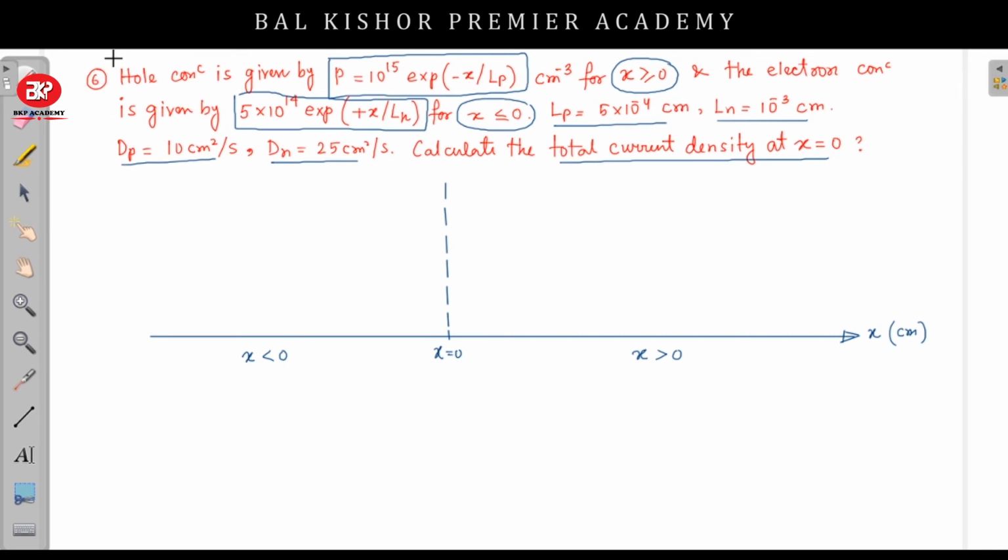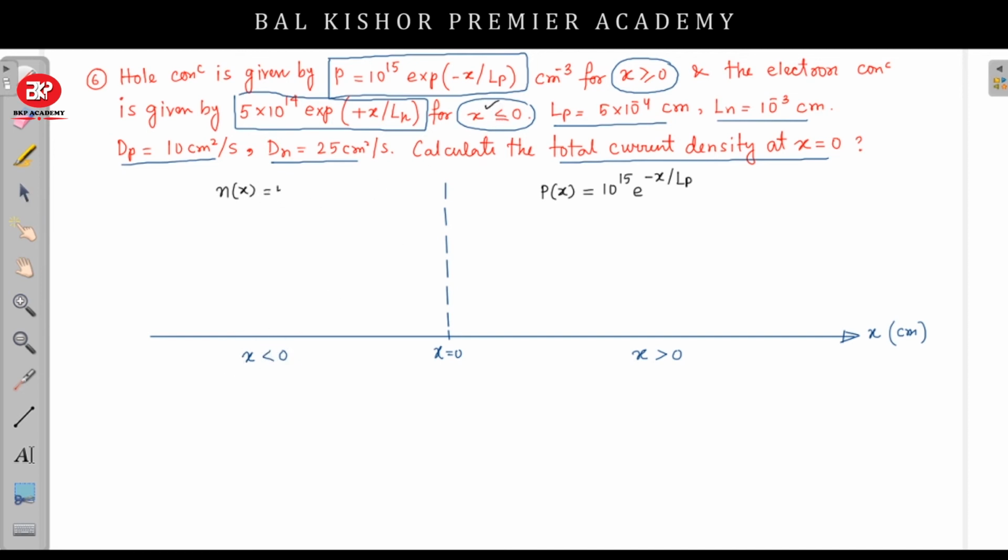Now, according to the question, the hole concentration is given for x greater than or equal to 0. Here I have the hole concentration given. It is valid for x greater than 0. It is 10 to the power 15 e to the power minus x by Lp, and the electron concentration is valid for x less than or equal to 0 here.